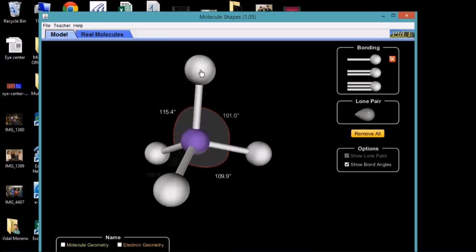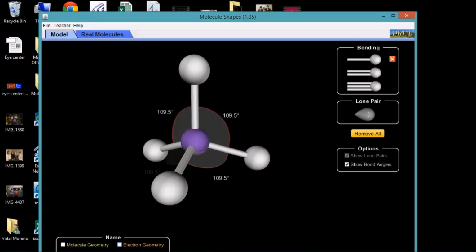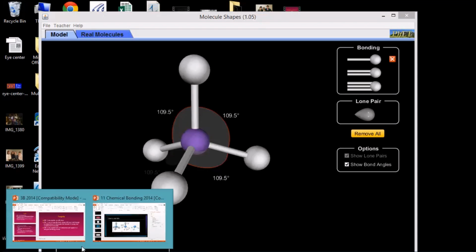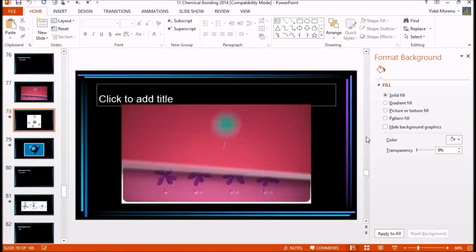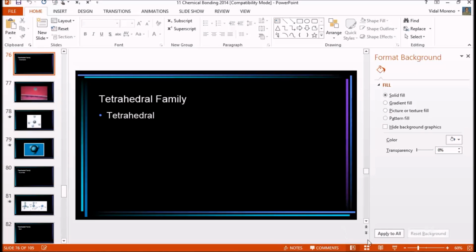Now, what is this hybridization stuff all about? Let me explain that to you. In order to have a certain number of bonding sites, a central atom is going to have to be able to move electrons around to maximize its bonding sites.